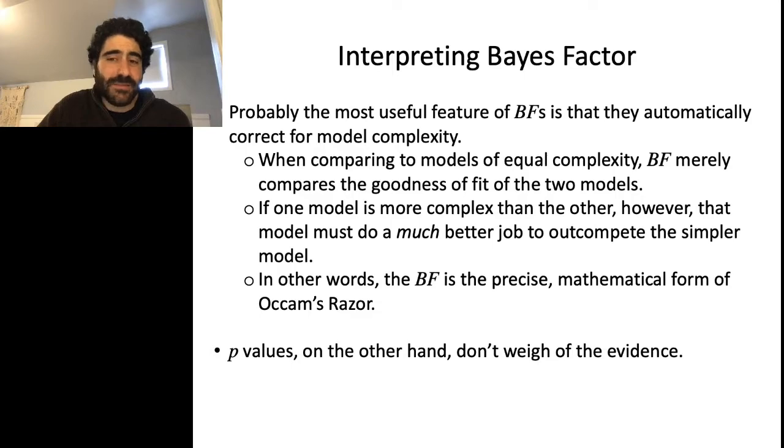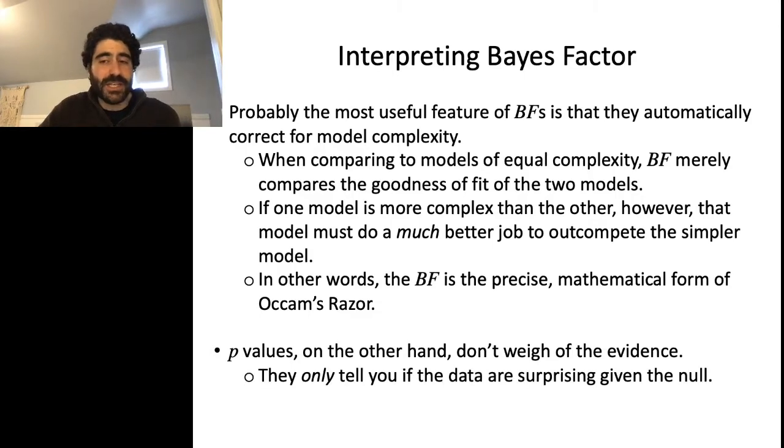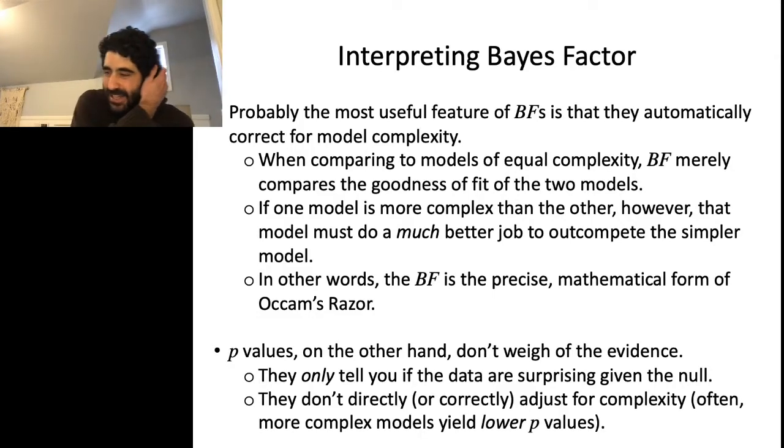Right, p-values do not have this property. They're just telling you if the data are surprising given the null. And so they don't directly adjust for complexity because you don't specify what the other model is. And if you do something like a many-way chi-squared where there are many possible predictors, the null there is very complex, in that the null assumes that none of these predictors have any relationship to the sample.